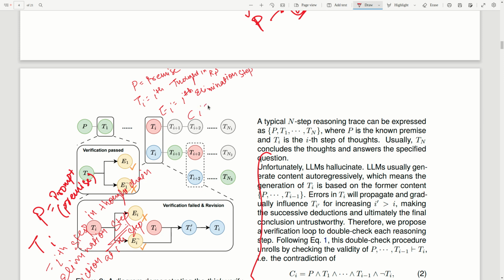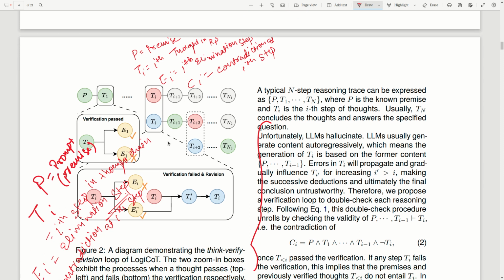And C of I is the contradiction at ith step. So, bear with me for some time and everything will start to make sense.